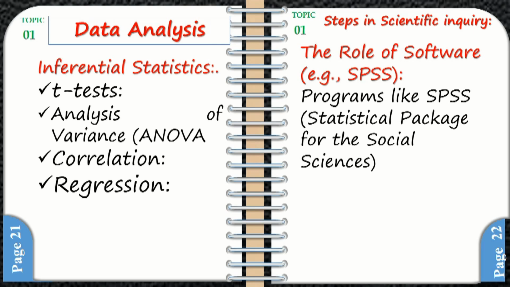The researcher's key lies in selecting the correct test and interpreting the outputs, particularly the p-value, which indicates the probability that the observed result occurs by chance. A p-value of less than 0.05 is conventionally considered statistically significant.